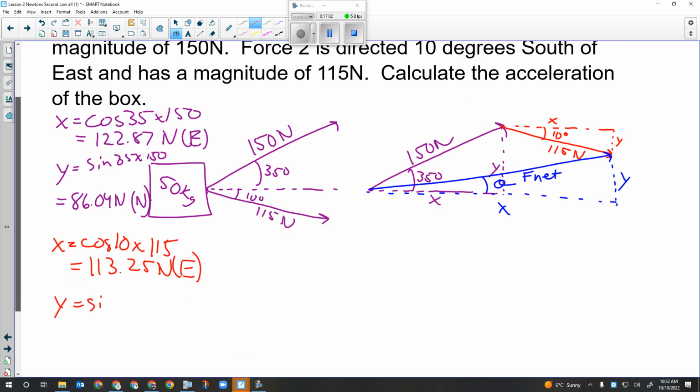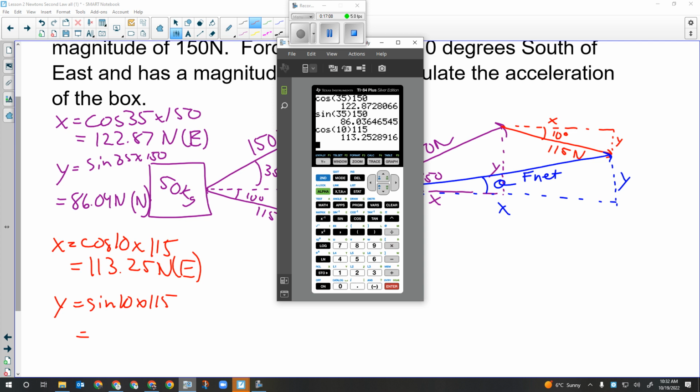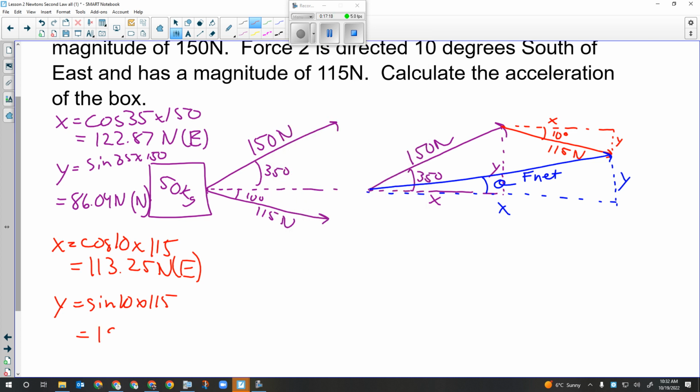And y will be the sine of 10 times 115. Okay, 19.97, and that'll be south.